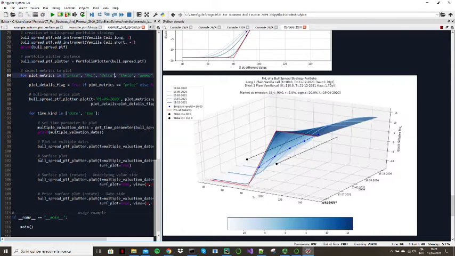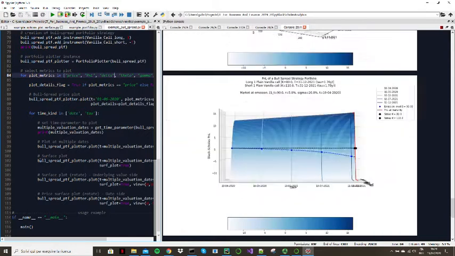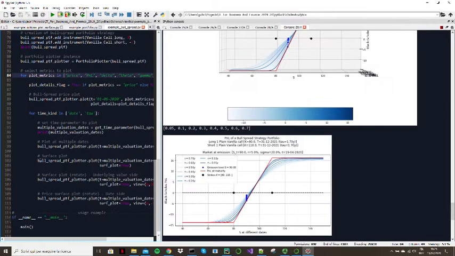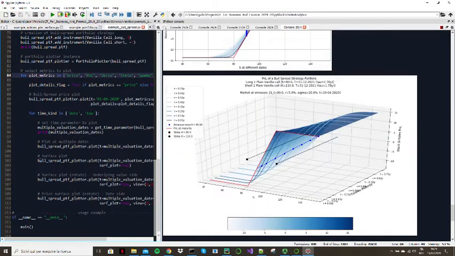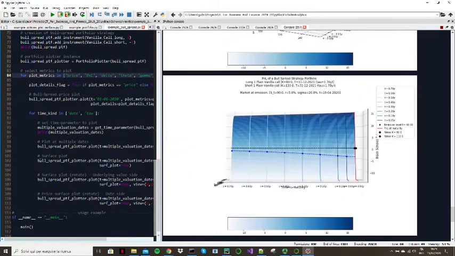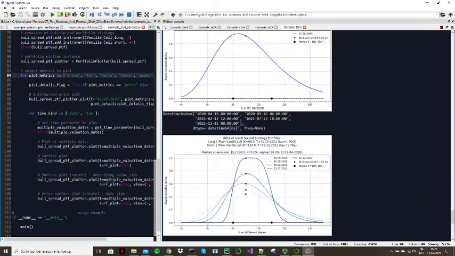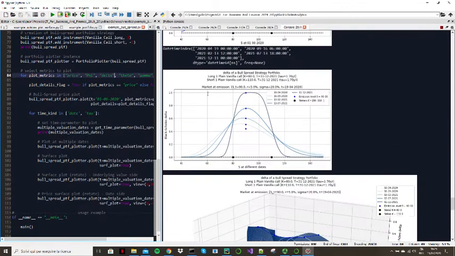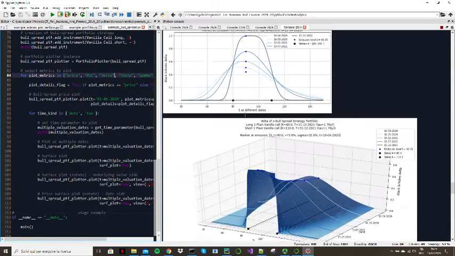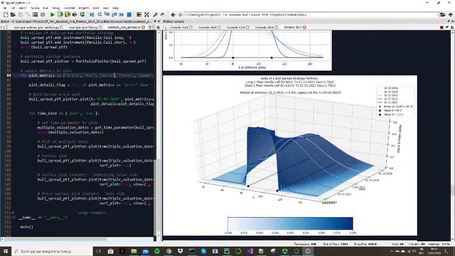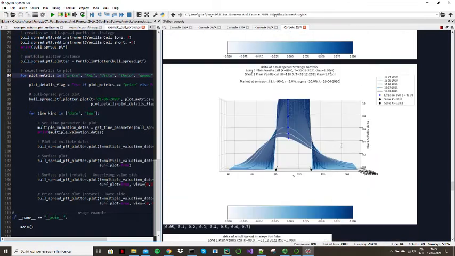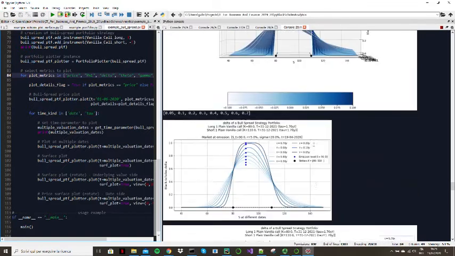This is the P&L against the underlying, and we also go to the Greeks now, and here it starts the Greeks. So this is, for example, the delta of the bull spread, and this is the tridimensional plot of the delta. This is a different view, a different angle. This is another one again.